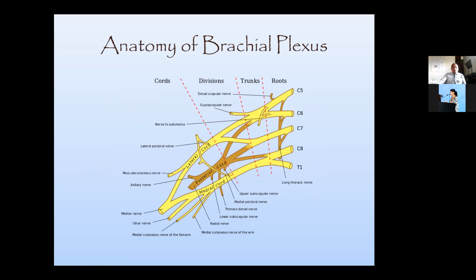So it is composed of 5 roots, and the 5 roots form 3 trunks, and these 3 trunks divide into 2 divisions, and they unite again to form the cords: lateral cord, medial cord, and posterior cord. So each cord is ultimately giving the nerves destined for the particular function.